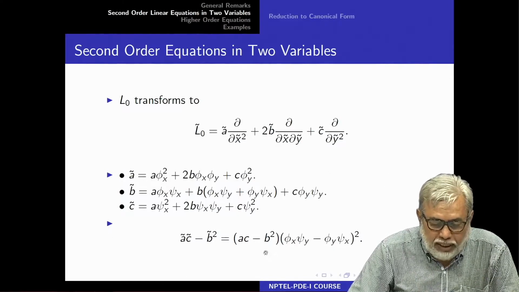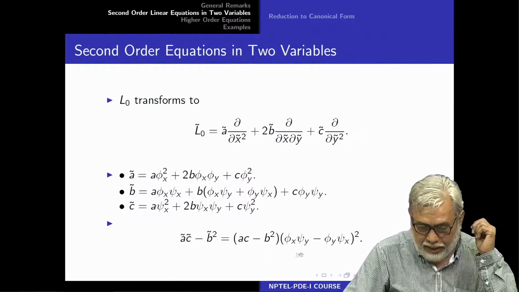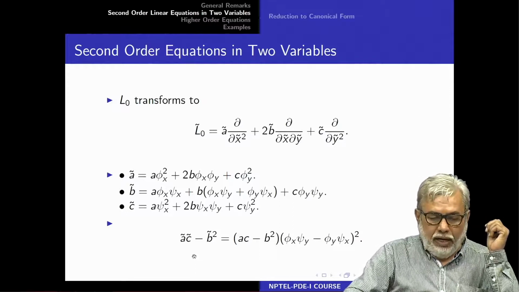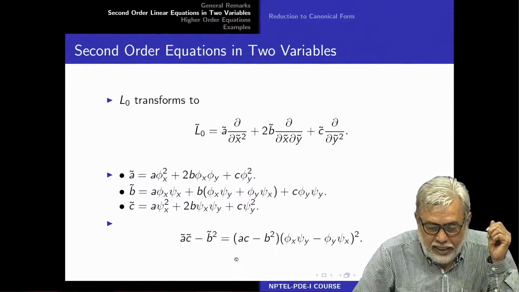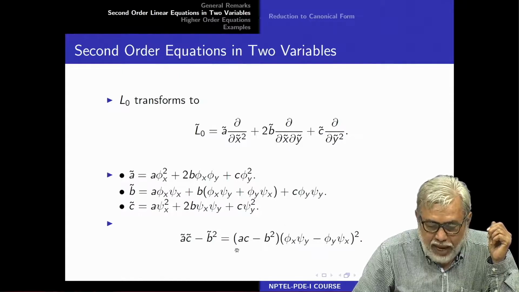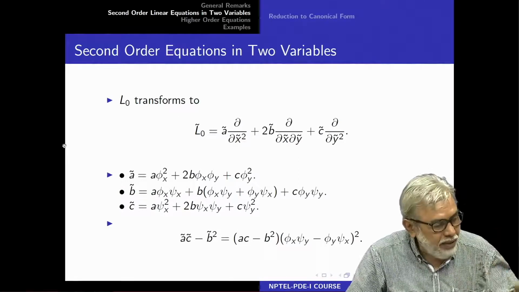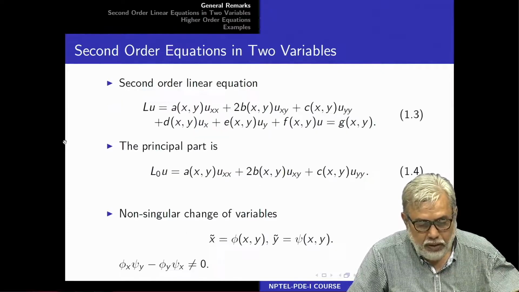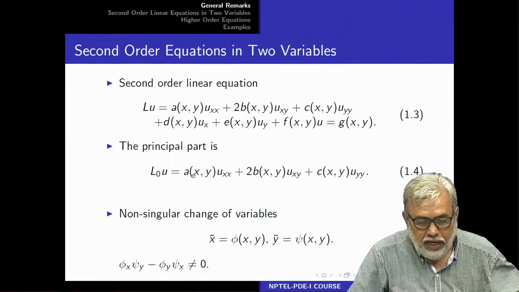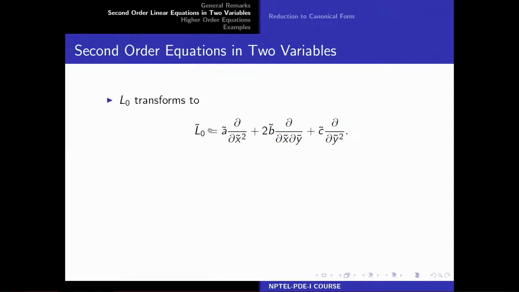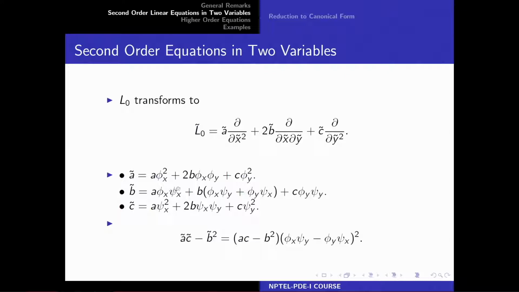So, what it shows, and this requires some algebra, is that the discriminant has the same sign for the transformed operator L0 tilde as it had for L. So, AC minus B square has the same sign.